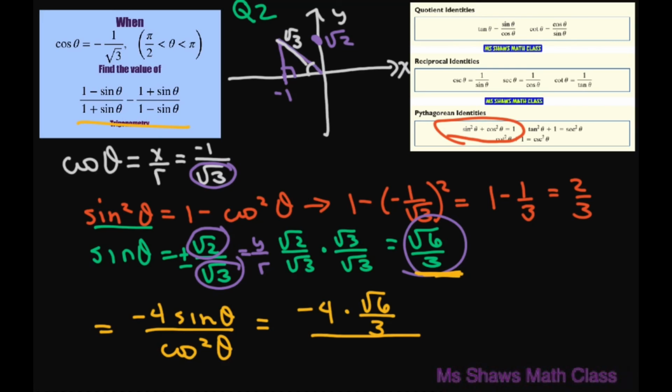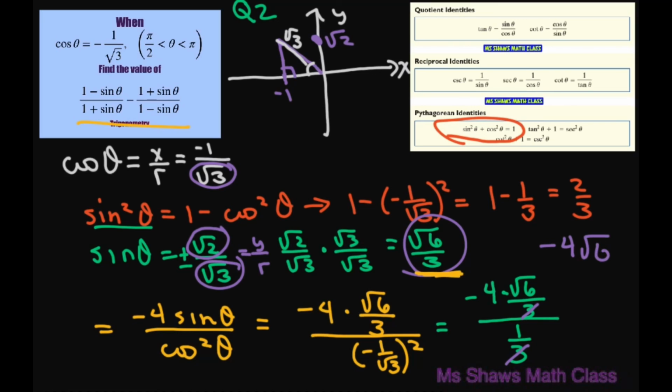So that's going to be negative 1 divided by square root of 3 squared. All right, so this is going to equal negative 4 times square root of 6 divided by 3 divided by 1/3. So what happens is the 3's cancel out here. So your final value is going to be negative 4 square root of 6.